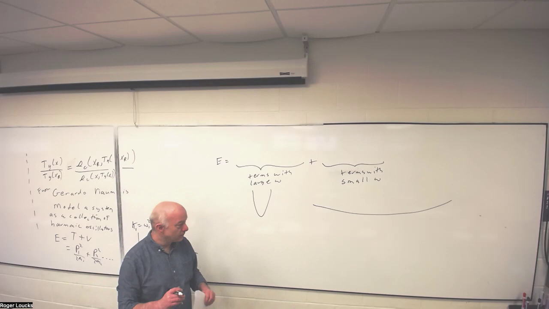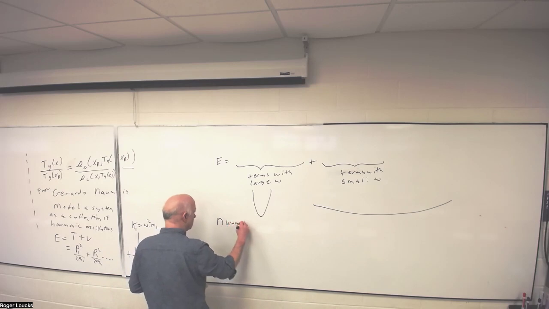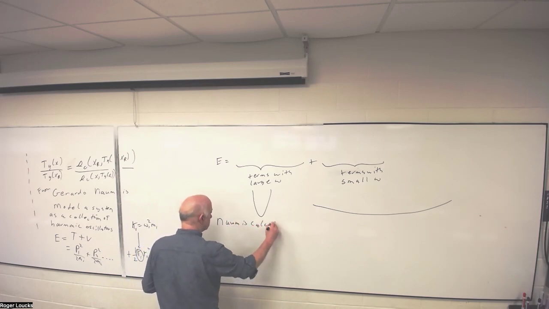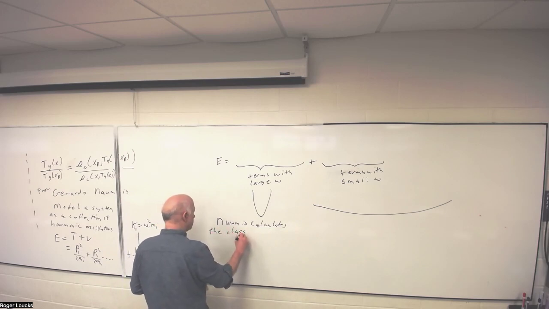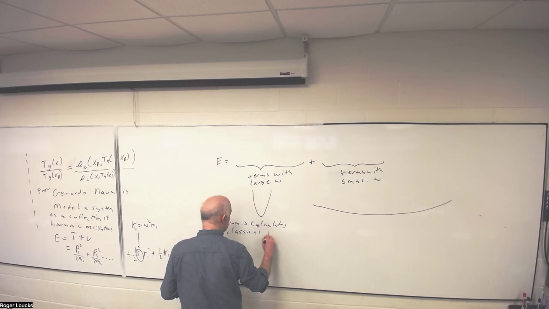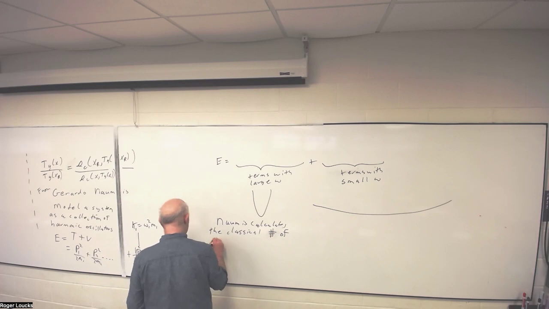All right, so how do we do degeneracy? So what we're going to do is use the density of states. This calculates the classical number of degenerate states.